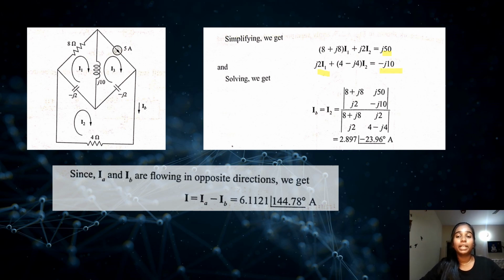On solving this in matrix form, we get IB, or I2, equal to 2.897 angle of minus 23.96 degrees amperes. Since I1 and I2 are in opposite directions, we get IA minus IB, that is 6.11 angle of 144.78 degrees amperes.